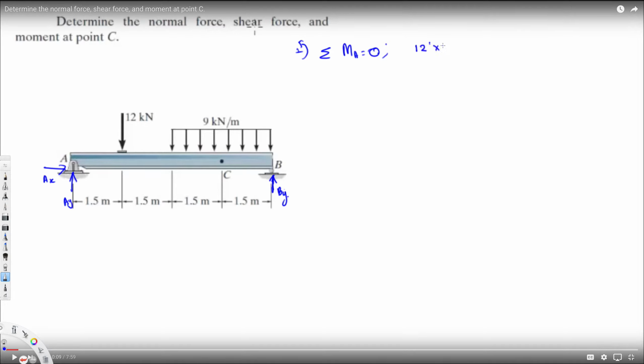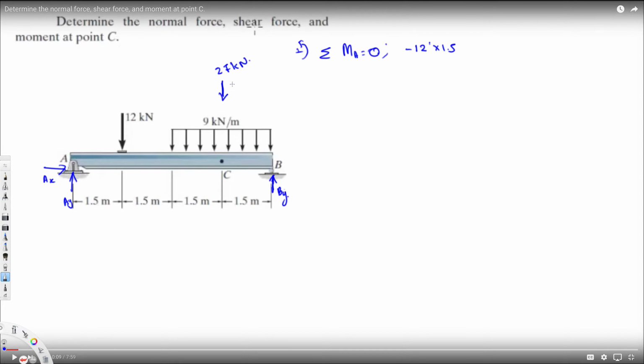Therefore it's clockwise: 12 times 1.5, minus the 9 kilonewton. Actually, this is going to be in the middle, so these are equal forces acting on this. I can write it as one force in the middle, so that's 9 times the distance 3, which is 27 kilonewton in the middle.